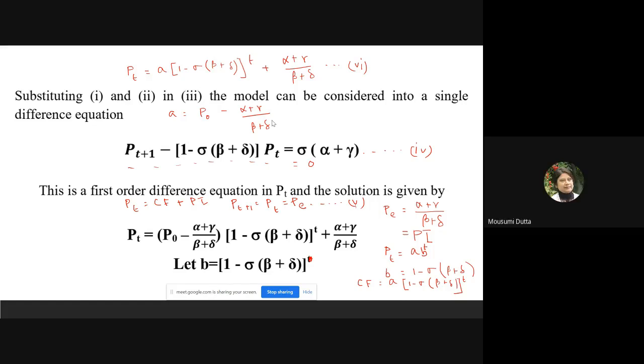Hence the time path of price is finally given by Pt is equal to P naught minus alpha plus gamma by beta plus delta, into 1 minus sigma into beta plus delta whole to the power T, plus alpha plus gamma by beta plus delta.